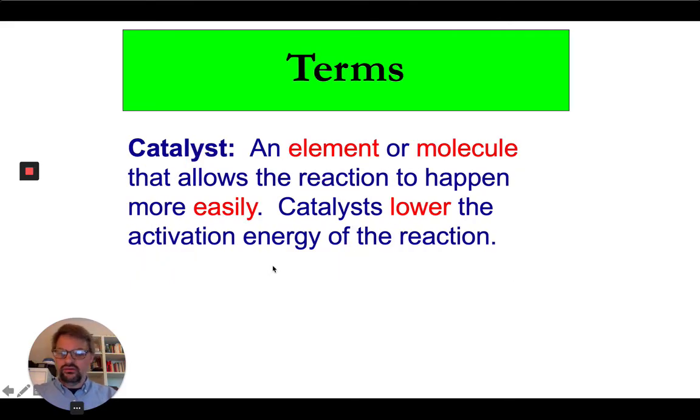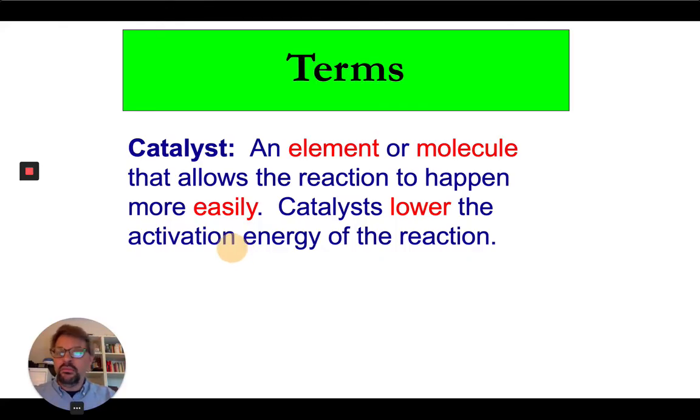We also have catalysts. A catalyst is an element or molecule that allows the reaction to happen more easily, okay? And what catalysts do, in some way, they lower the activation energy. So technically, a catalyst doesn't speed up the reaction. It just makes it easier for the reaction to happen, and then the reaction happens more often.